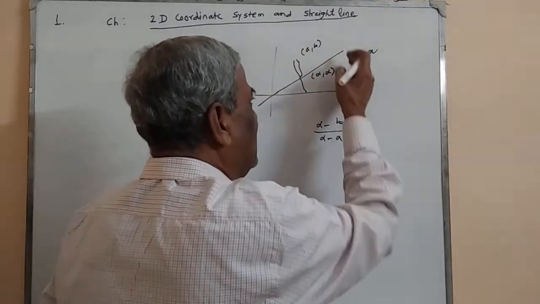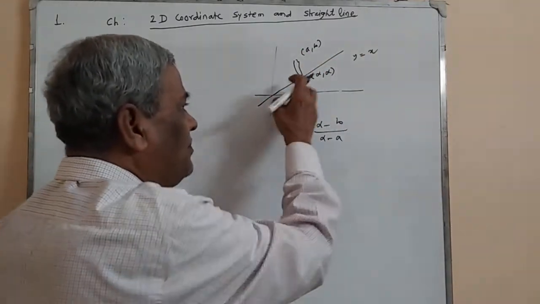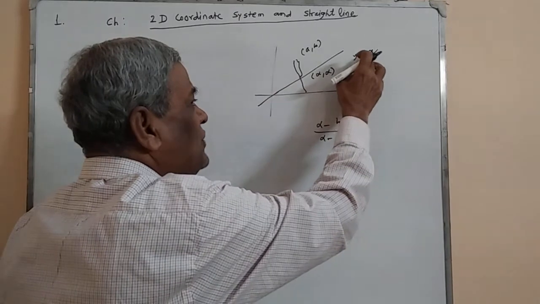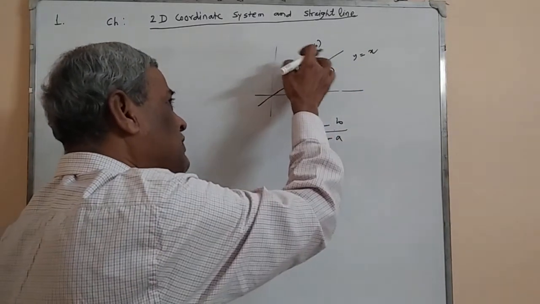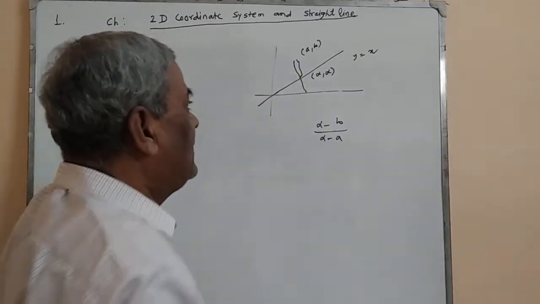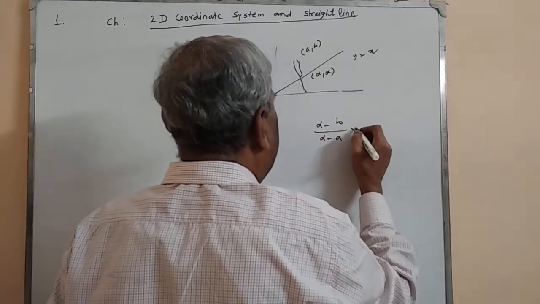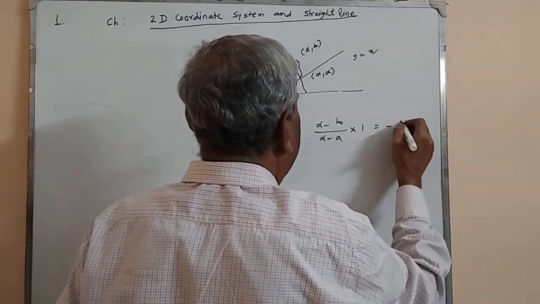The gradient of this straight line, y is equal to x, is 1. And because they are perpendicular to each other, the product of the gradients must be minus 1.